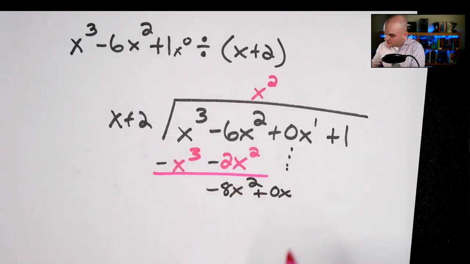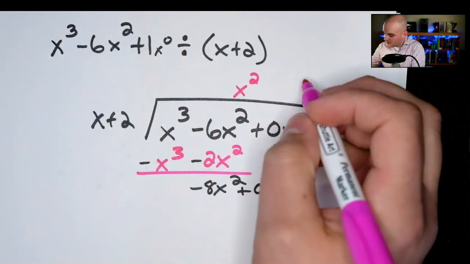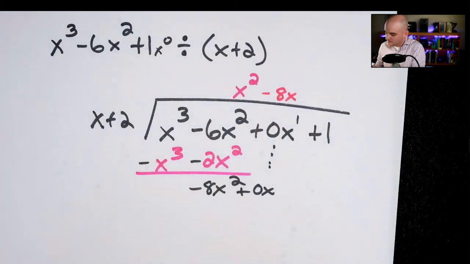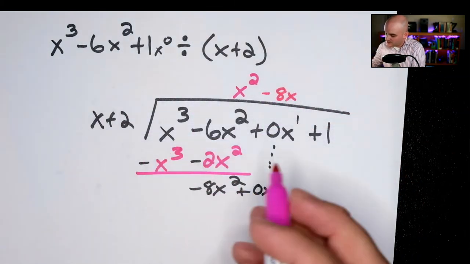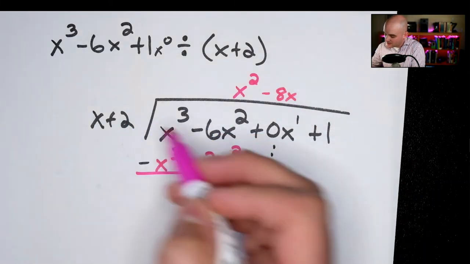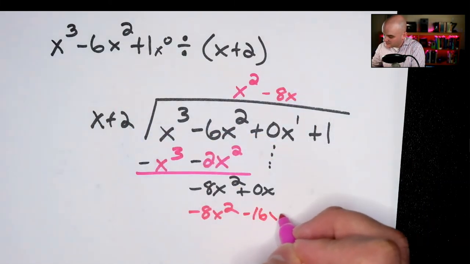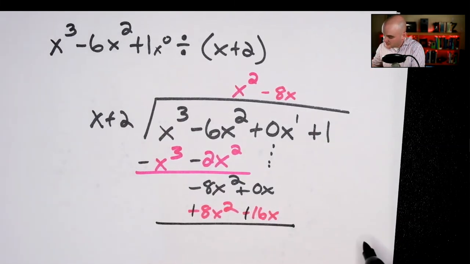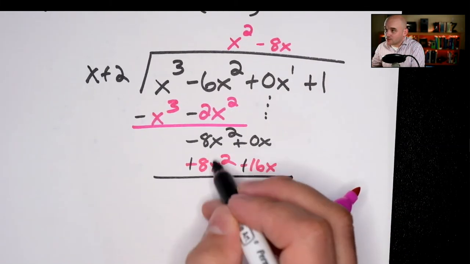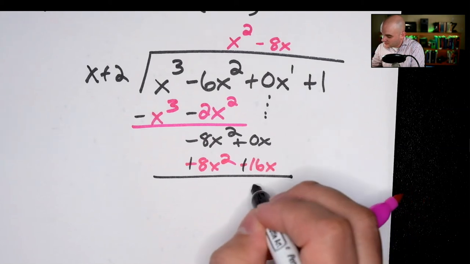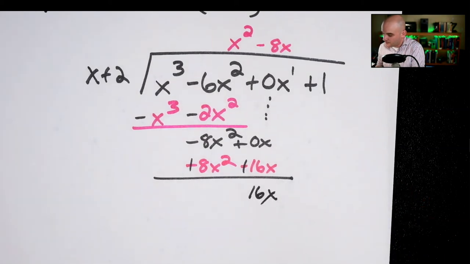X goes into negative 8x squared, negative 8x times. And then multiply. Negative 8x times x gives me negative 8x squared. Negative 8x times 2 gives me a negative 16x. And then flip your signs and add. These will cancel each other out. And 0 plus 16 here gives me 16 x's there.